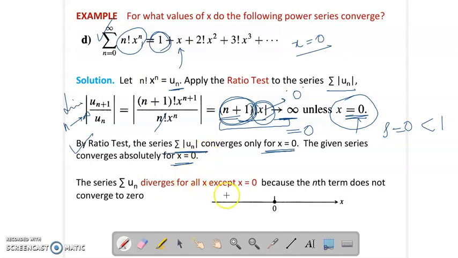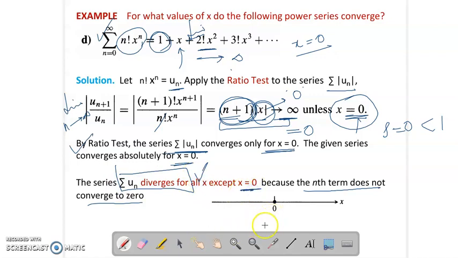For any value of x not equal to 0, when you take the limit as n tends to infinity for the nth term, this will tend to infinity, and hence we can say since the nth term does not converge to 0, or by the nth term test for divergence, we conclude that this series diverges for all values of x except x is equal to 0. So this is the only dot on the real line where the series is converging, and everywhere else the series diverges.